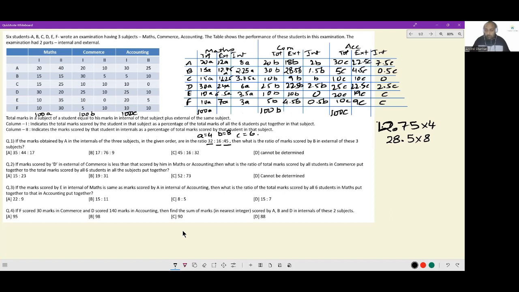And final thing will be 4.5 into 6. These are the three numbers. I need ratio of this. The first number, 12.75 into 4 is 51. This will be how much? 28.5 into 8. So 57 into 4. So 228.